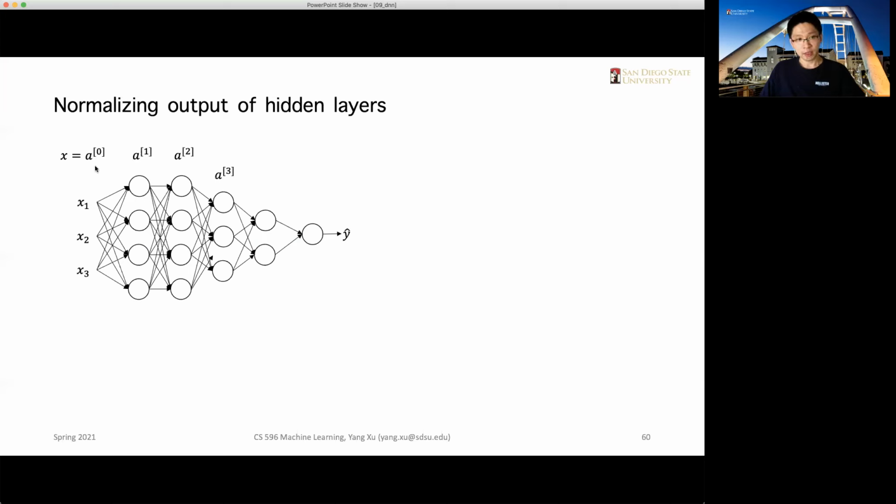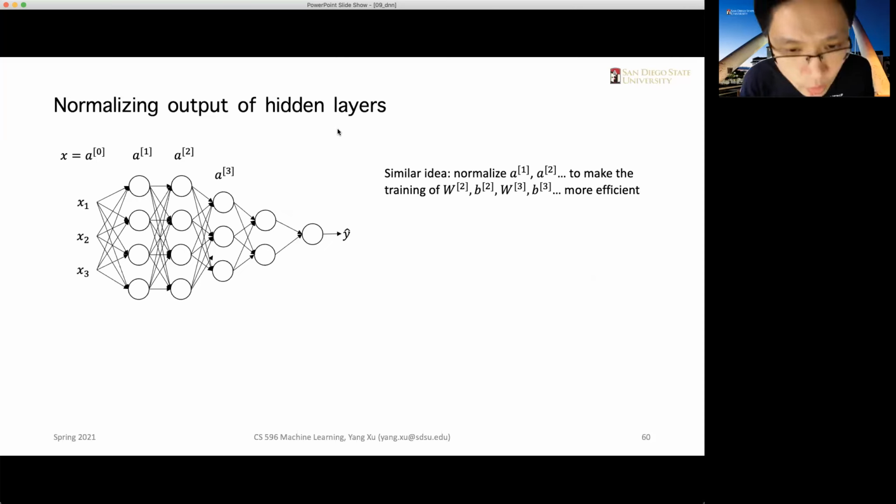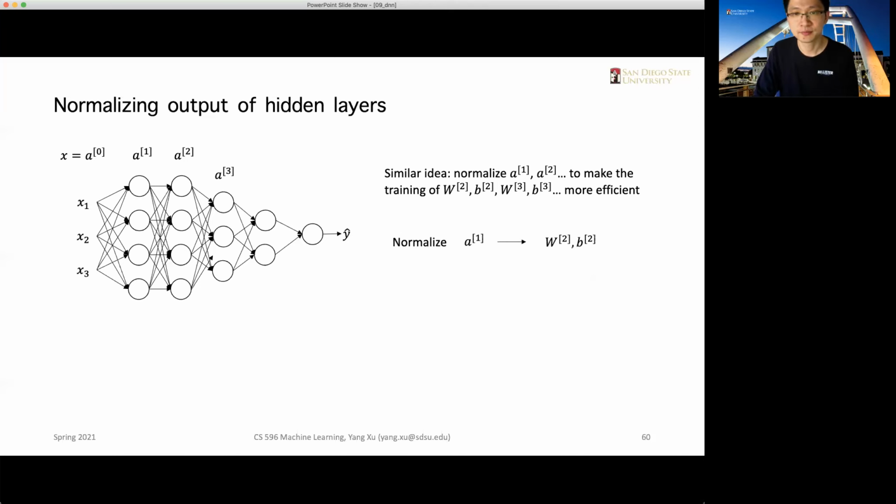So all these A's can be considered as input to some model. Theoretically, we should always normalize the inputs, so why not also normalize the activations in all the layers? In practice, we should do that, to make the training for the parameters more efficient.